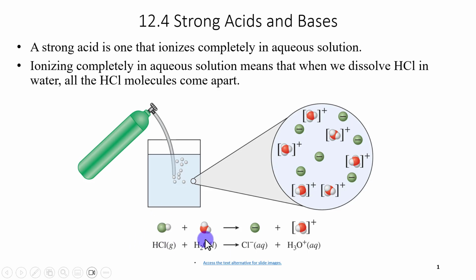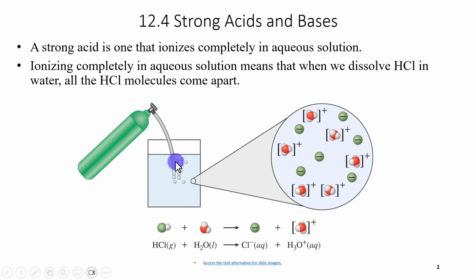If I have HCl and I put that in water, that means that the HCl gives up the proton to the water, it donates the proton. All of the HCl splits apart, leaving me with Cl- and H3O+ ions.